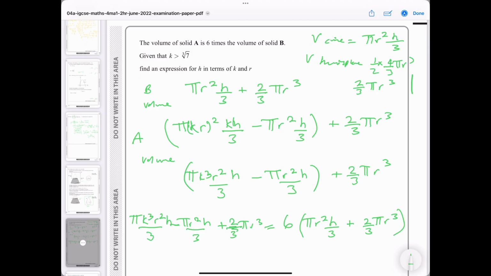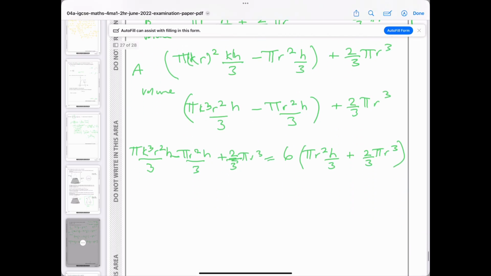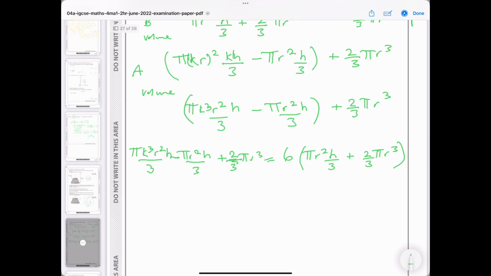So that means generally we can make that a lot easier. Because that's 6 and 2/3, that would be 2 pi r squared h plus, and then that would be 6 times that, so that's 12 over 3, so that's 4 pi r cubed.